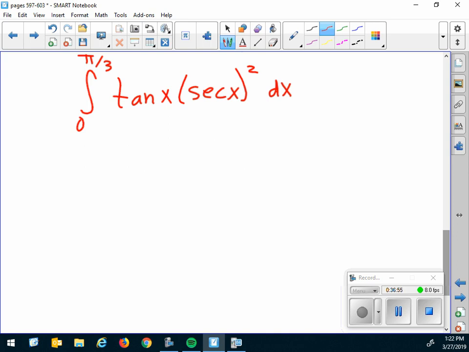Here's the deal. I can look at that and say, I know I'm going to have to let u equal secant x. And the reason for that is the derivative of secant is secant tangent. And so you see the tangent is part of the derivative. So to help you see this better, I'm going to rewrite it like this.